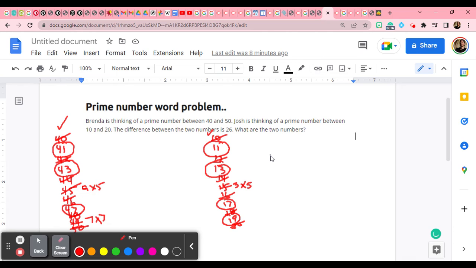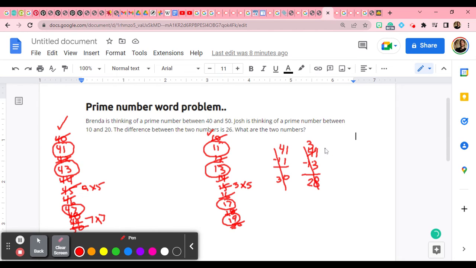Let's just try a couple. Let's do 41 minus 11. We get 30. That's not right, so that one's out. How about 41 minus 13? We regroup, that's 28. Still not right.